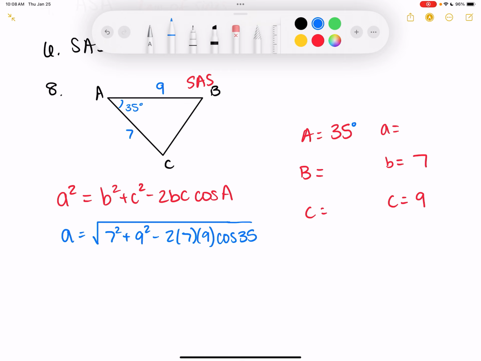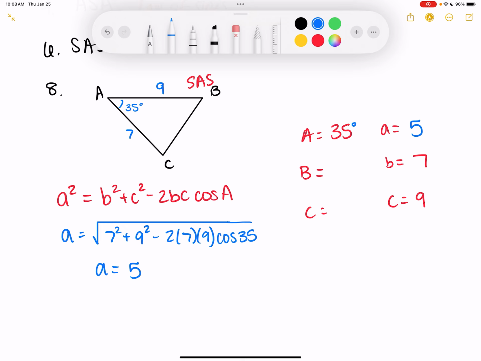I got 5.17. Yeah. All right, so we're just going to call it 5, just to make it easy. So we'll round to the whole numbers for these.